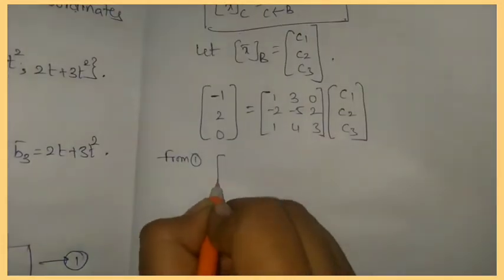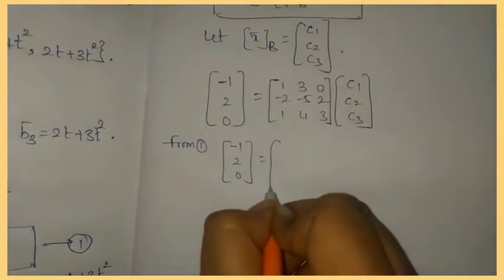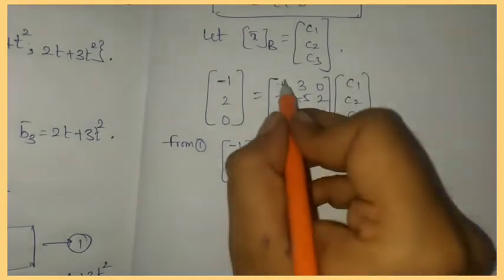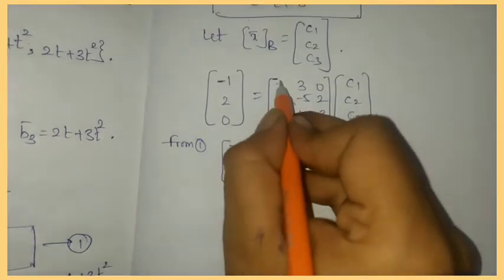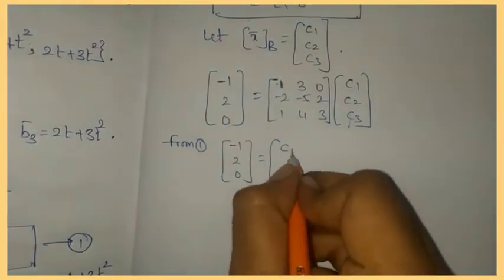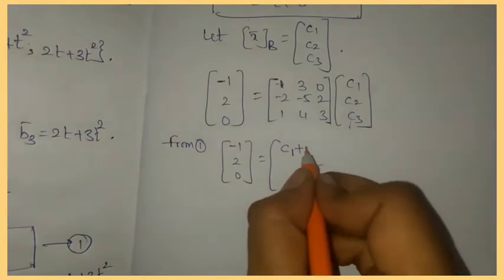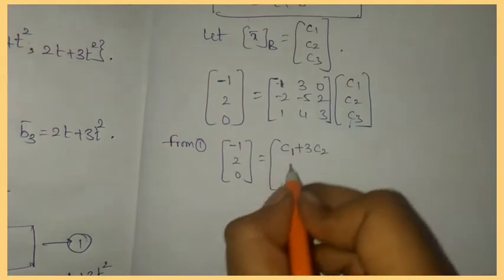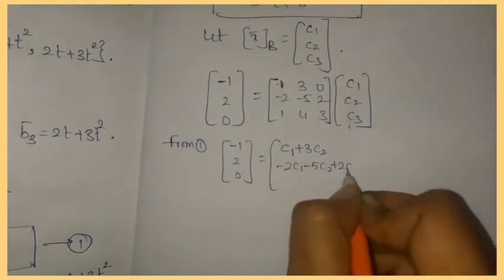Now from equation 1, I think you already know about matrices. This is multiply rows into columns, rows into columns, these are rows and these are columns. Okay, rows into columns, 1 into c1, 1 c1 plus 3 c2, 0 into c3 is 0 only. Next minus 2 c1 minus 5 c2 plus 2 c3.